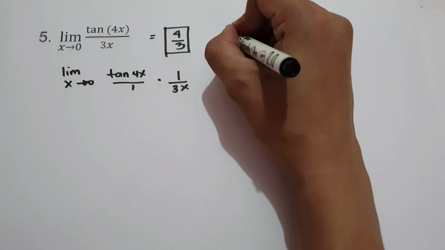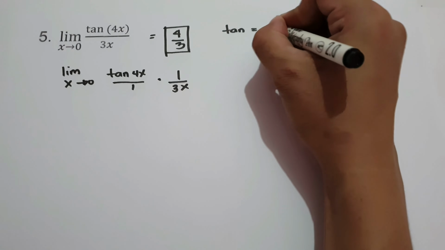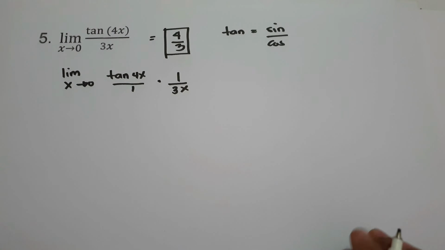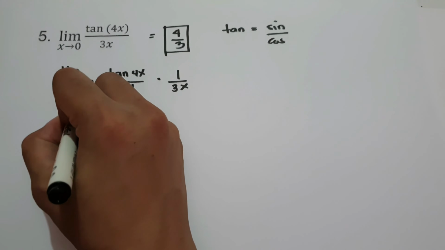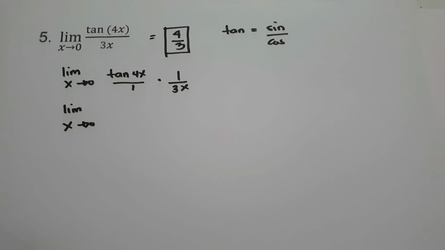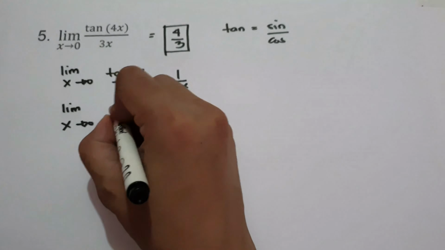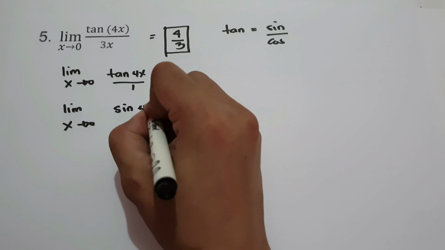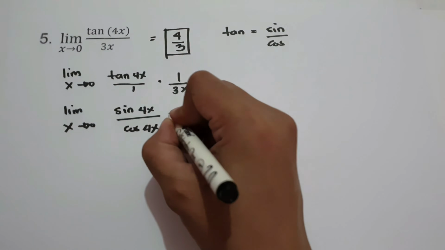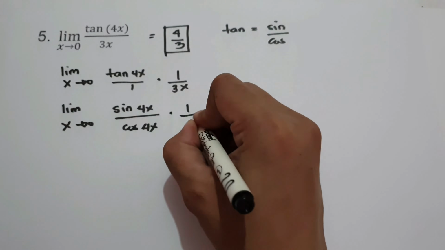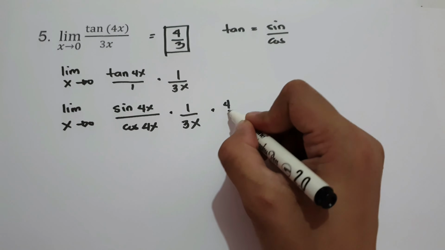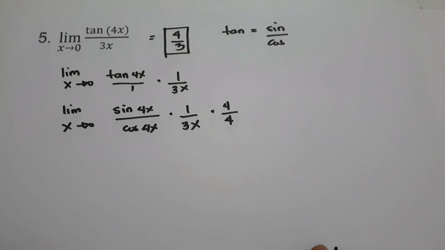And we all know that tangent is sine over cosine. So we have sine 4x over cosine 4x times 1 over 3x, and let's multiply this by 4 over 4.